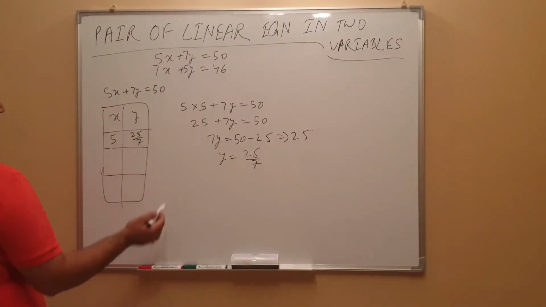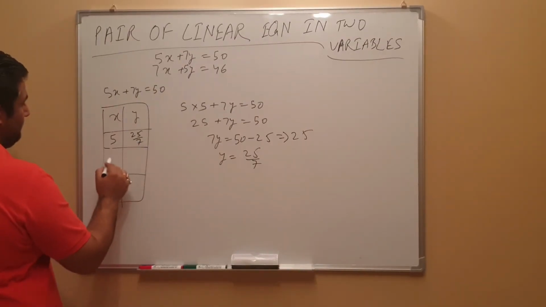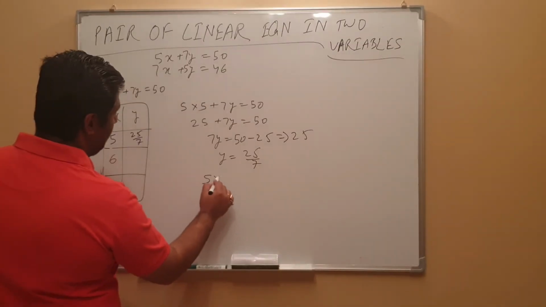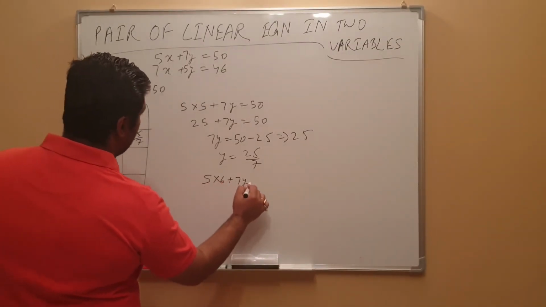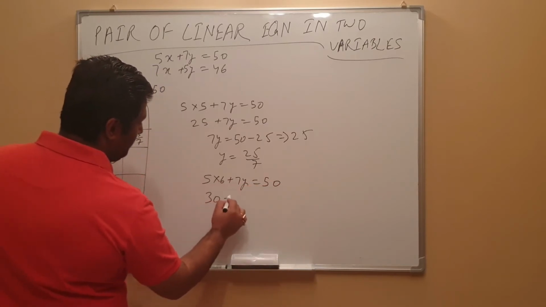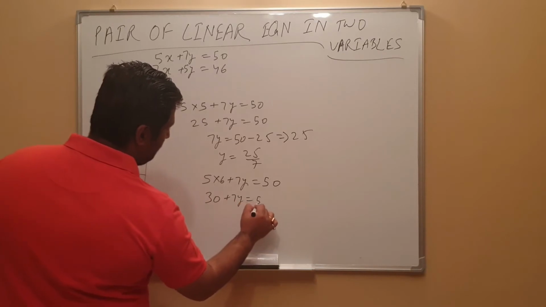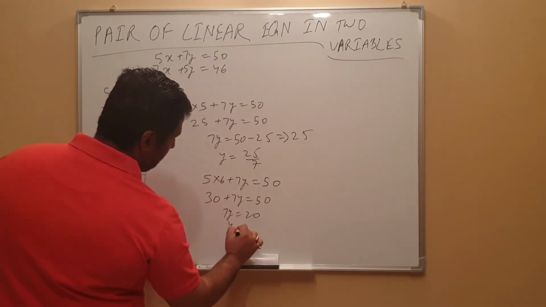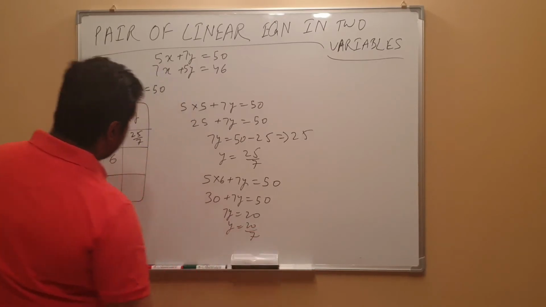Now in place of x I'll write 6. So 5 times 6 is 30, plus 7y equals 50. So 7y equals 20, and y equals 20 over 7.